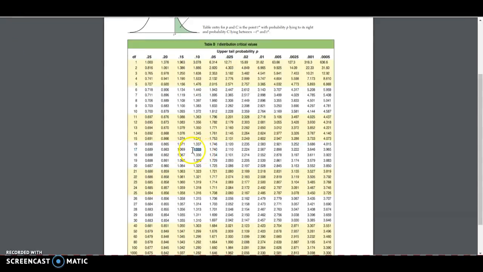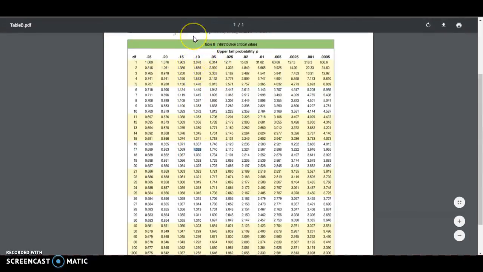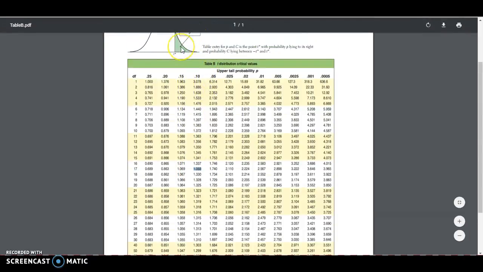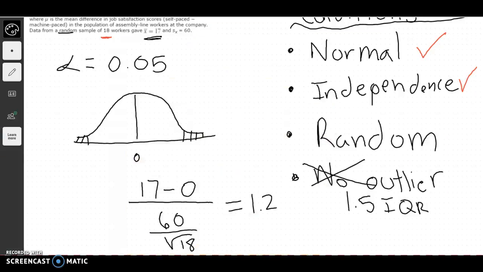So we know that the tail on this end would be around 10 to 15%. If it's doubled, it'd be around 20%. So our p-value is around 20%, which is definitely bigger than our alpha value.